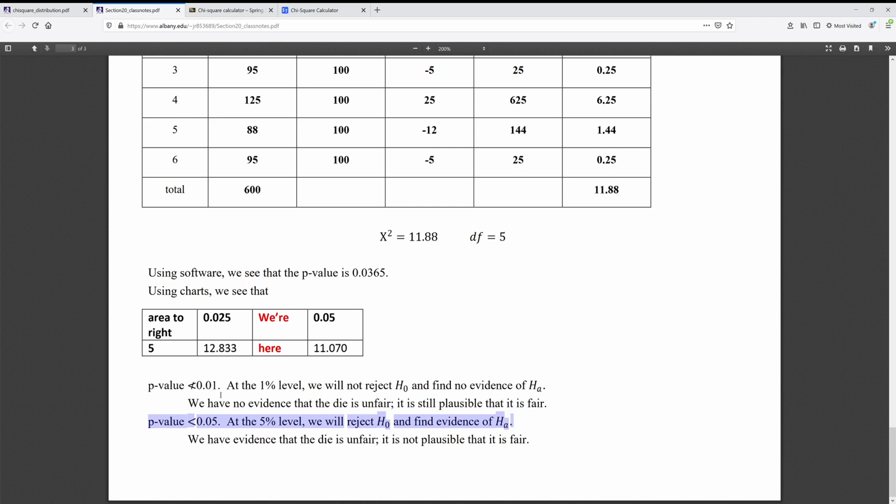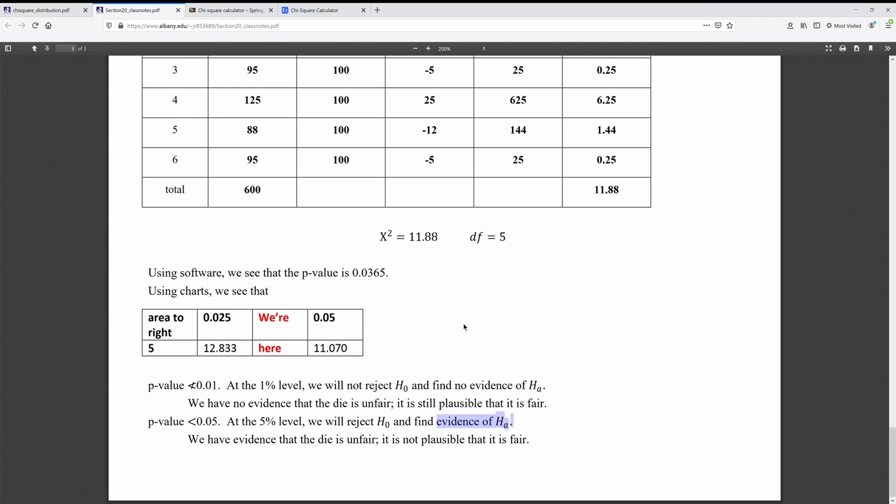How weird does your sample have to be before it counts against the theory? Is it among the 1% weirdest? No, the theory is still plausible. Is it among the 5% weirdest? Yes, the theory is no longer plausible. We will reject H0, we'll reject the theory that the die is fair, and we will find evidence that the die is unfair.